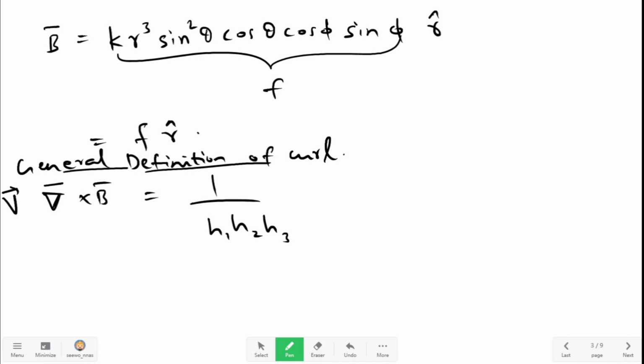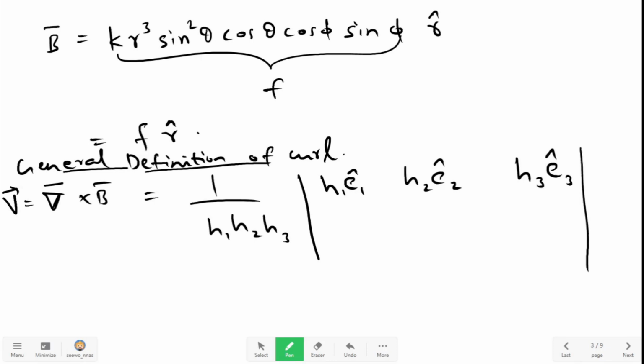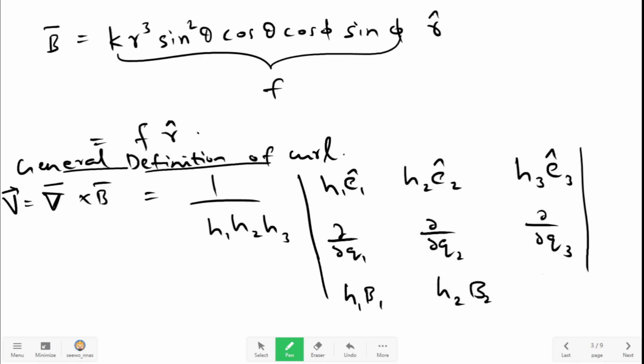V is equal to curl of B is equal to 1 by h1 h2 h3 times the determinant with rows h1 e1 cap, h2 e2 cap, h3 e3 cap; del by del q1, del by del q2, del by del q3; h1 b1, h2 b2, h3 b3.